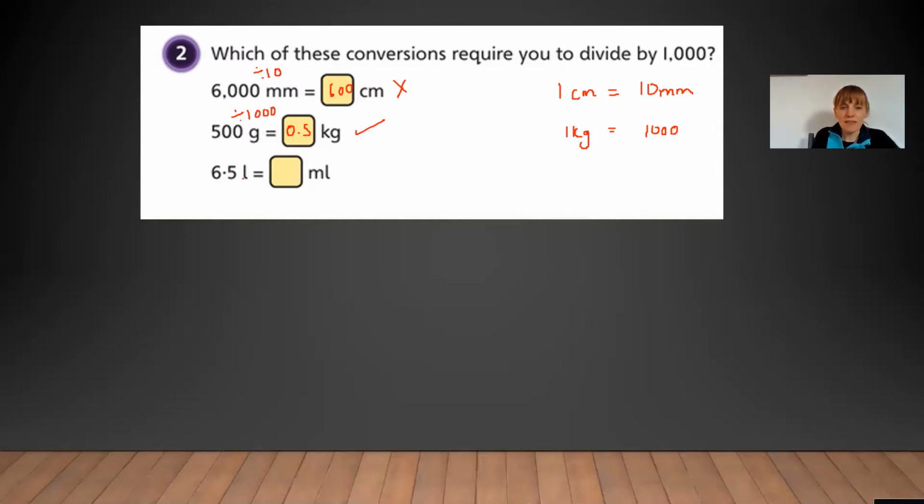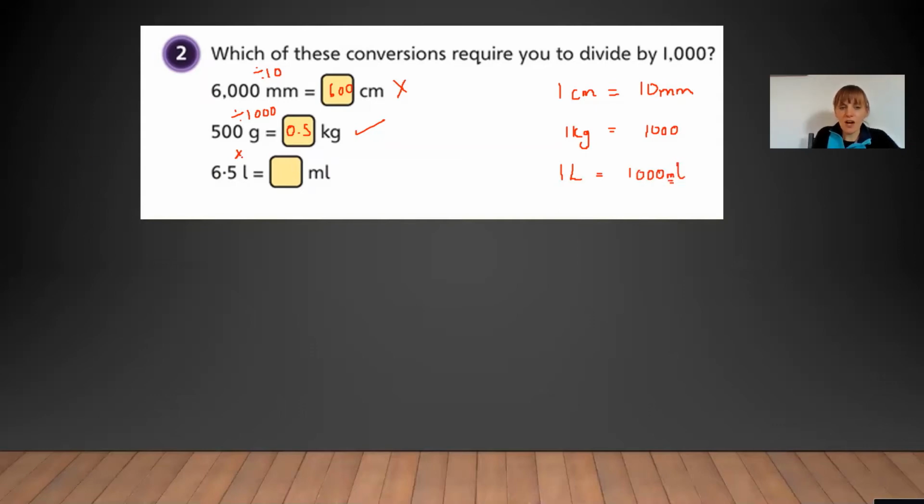Now 6.5 litres to millilitres. Now this is our larger unit. So obviously this time we're timesing. So this one isn't going to divide by 1,000. So what we're going to do this time is think, well, if I've got 1 litre, how many millilitres is that? Well, I've got 1,000 millilitres. That milli is the giveaway in a litre.